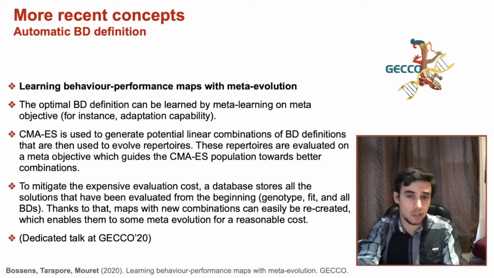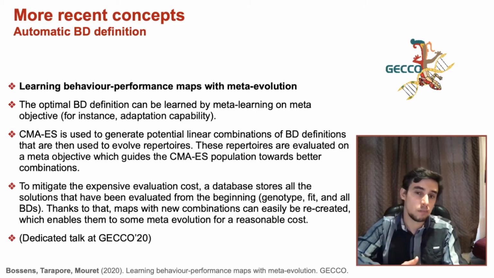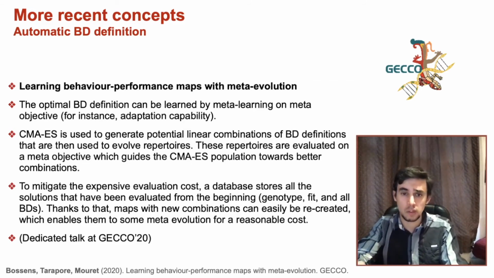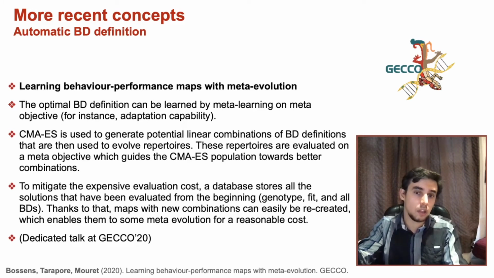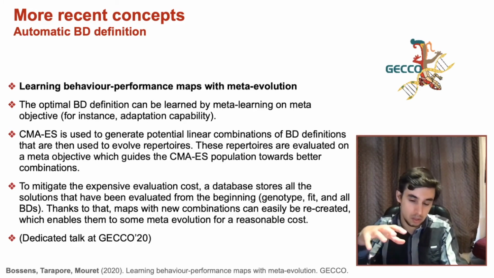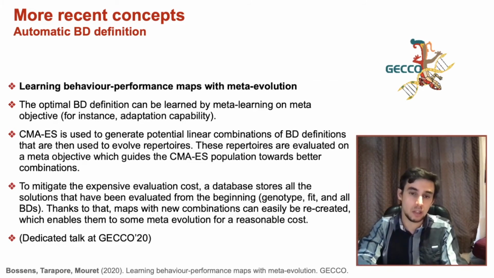This can be quite computationally expensive, but here the idea is actually to keep in memory a database that stores all the solutions that have been evaluated with the genotype, the phenotype, and all the behavioral descriptors for all the definitions that are considered. So that thanks to this, every time a new linear combination of the behavioral descriptors is used, the content of the entire dataset can be reprojected into this newly defined behavioral descriptor space, and then automatically and quickly regenerate potential collections.